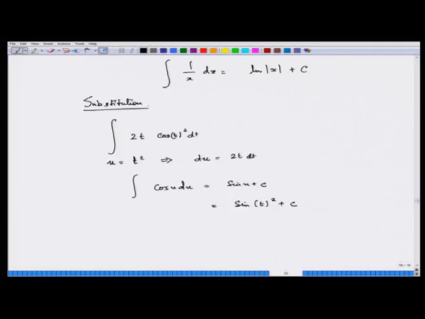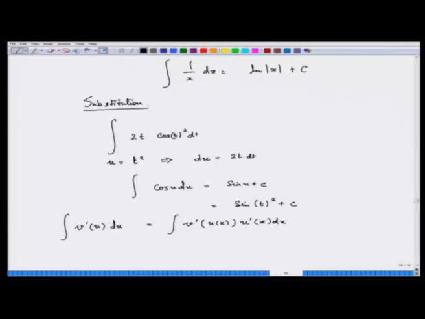The steps are basically what you do. Suppose you have the integral of v dash of u du, where v is a function of u, and you are integrating in terms of u.